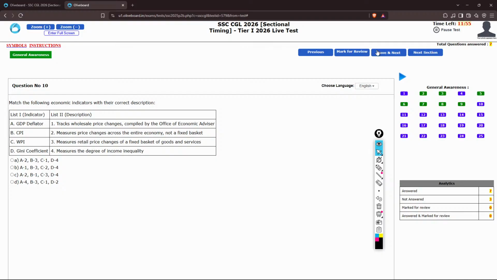GDP deflator. Okay. Measure price across. Let's keep it. The Gini coefficient is an inequality measurement. So D4, okay. Everything matches. GDP deflator measures price change across entire country.